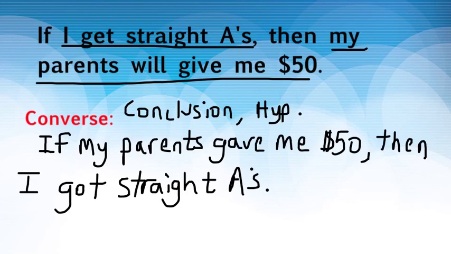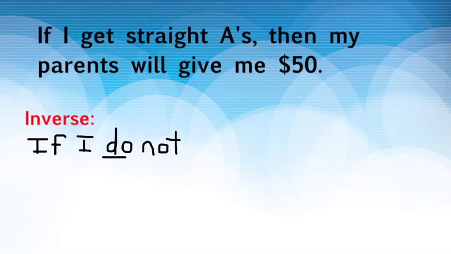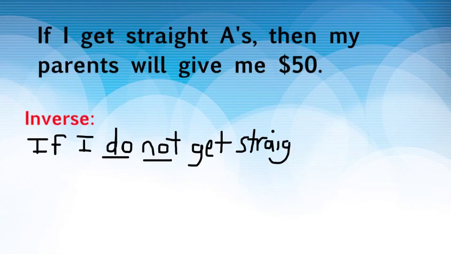So let's get into the inverse then. With the inverse, we're going to make this not true. So basically the order stays the same, so the order we don't do anything to, and we just negate it. It's what's called negating. So if I do not, notice I put in that do not now, get straight A's, what do you think will happen? Well, we're not going to get $50.